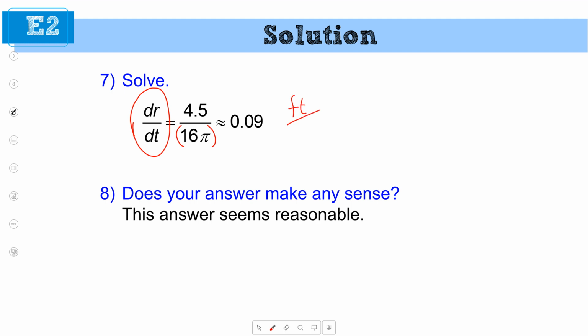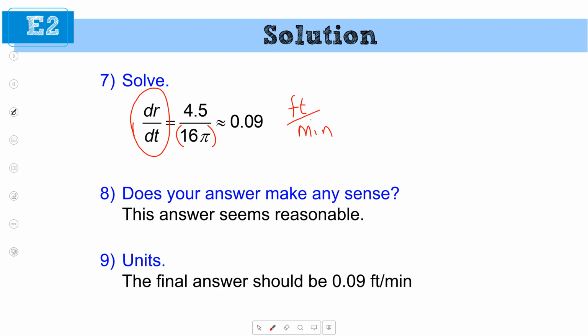What are the units of time? Minutes. Done. If you're solving for dz/dt, then your units are the units of z over the units of time. That will help you find the units. It seems fairly obvious early on, it'll get more complicated later.